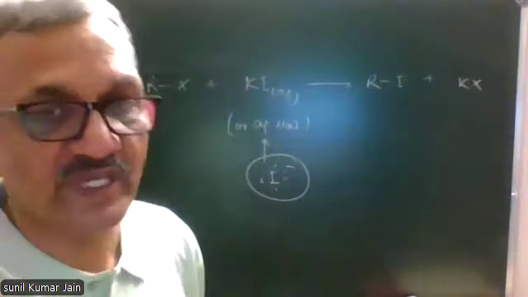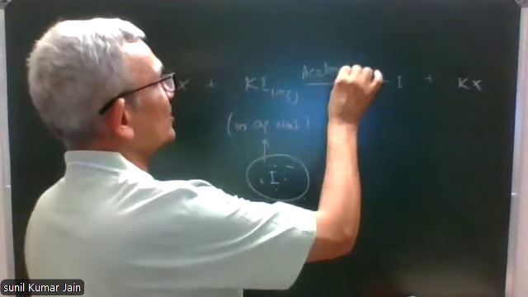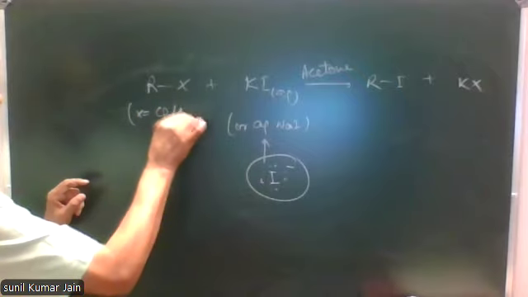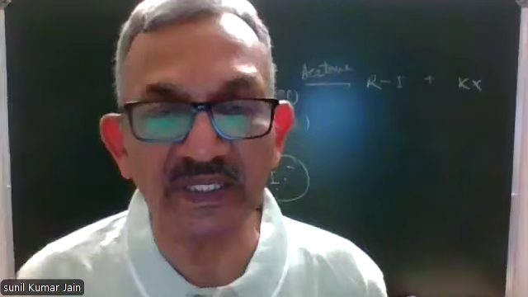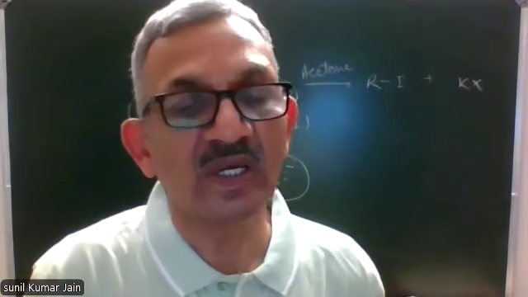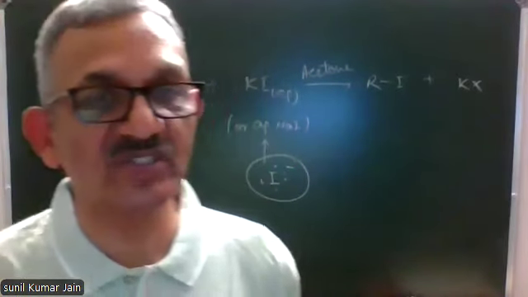If you remember, we have already studied this reaction. This reaction takes place in the presence of acetone. This halogen should be chlorine or bromine. We studied this reaction under preparation of alkyl halides, and this is called Finkelstein's reaction. You can check Finkelstein's reaction.